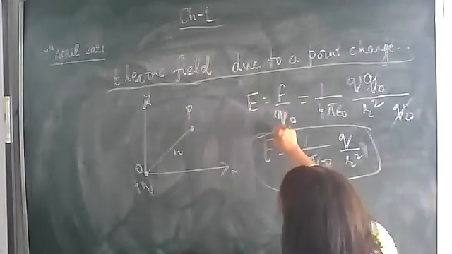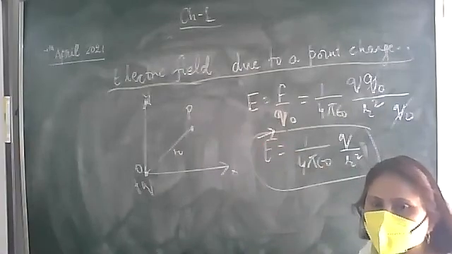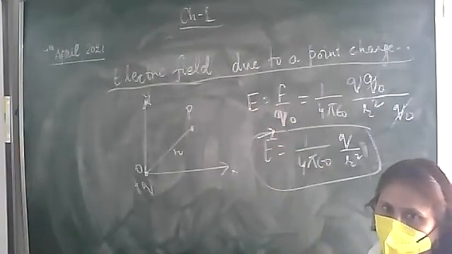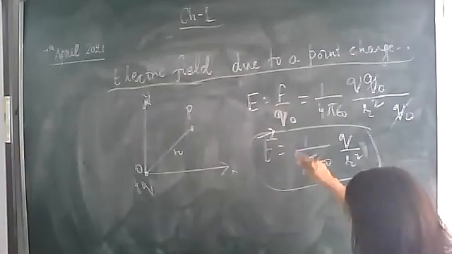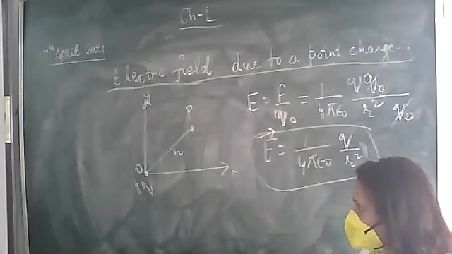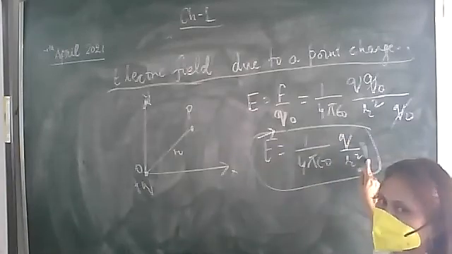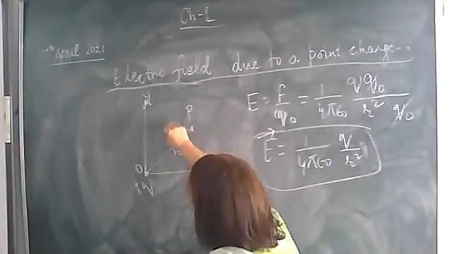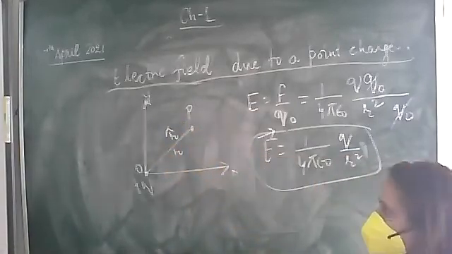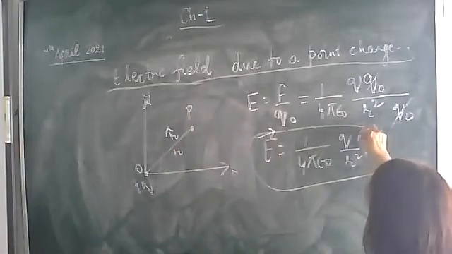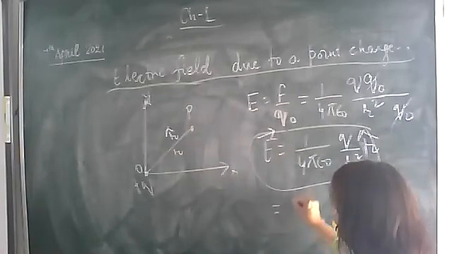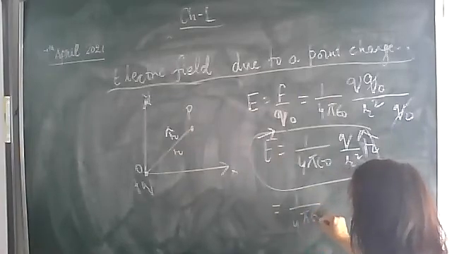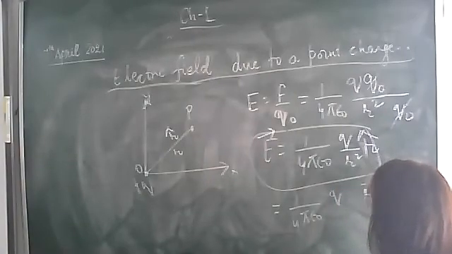Now let's write it in vector form. E vector, because electric field is a vector quantity, and whenever you represent any vector quantity, write it in vector form. This much is the magnitude. Now what will be the direction? Only a unit vector you have to put here. Let r cap be a unit vector showing the direction of OP. So what can you write down? R unit vector. And we also know that the R unit vector is the vector divided by its magnitude.